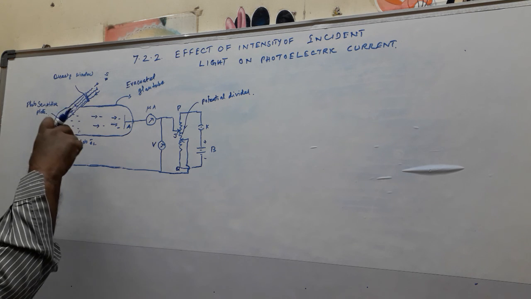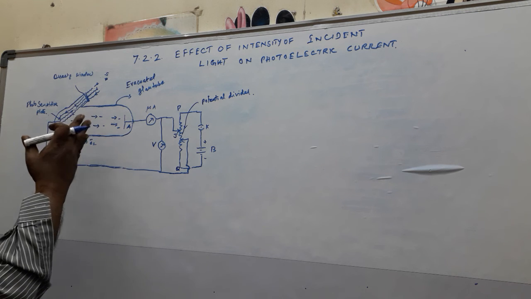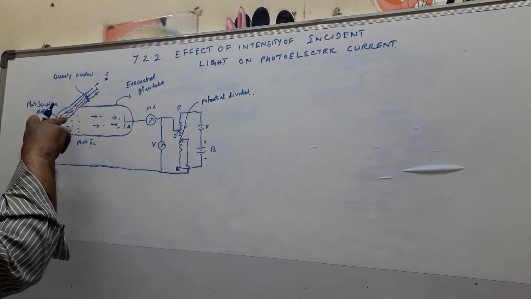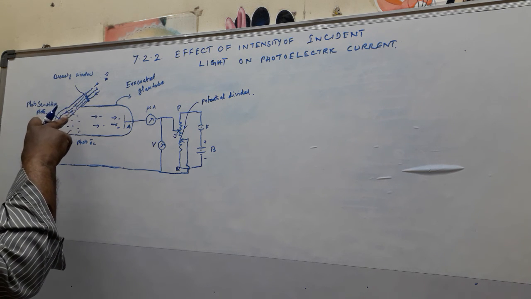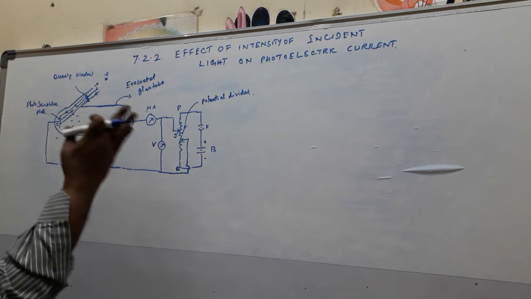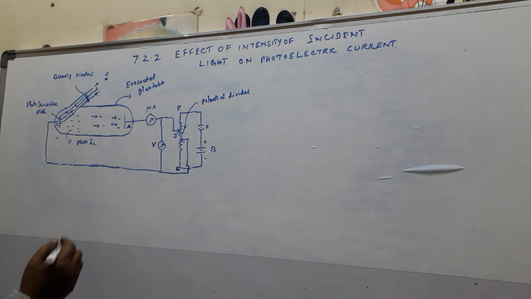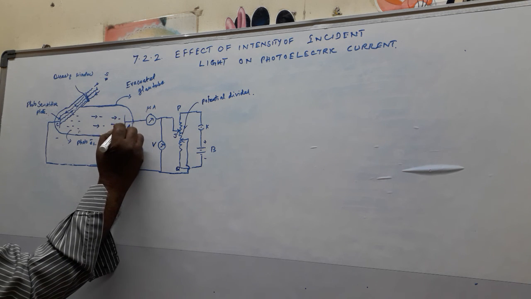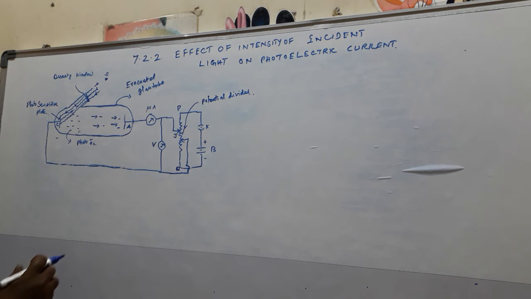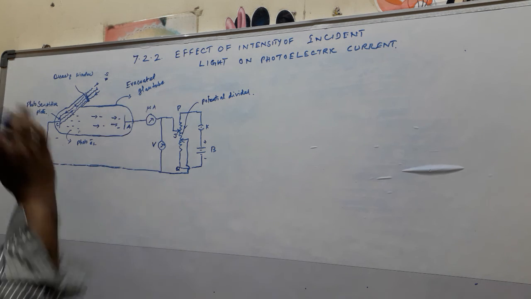But in the absence of this ray, there is no electron, so there is no current. So when we apply this ray, which hits the surface of the cathode, it will automatically emit electrons, and keeping this voltage A positive so that it will attract the emitted electrons towards A, then we are able to receive the current.